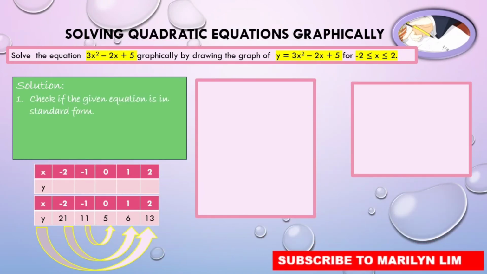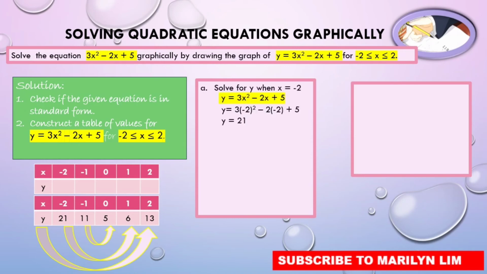Okay, number 1, check if the given equation is in standard form. If it is, then proceed to number 2. Construct the table of values. Just a while ago, I taught you how to construct the table of values. So solve for y when x is equal to negative 2.